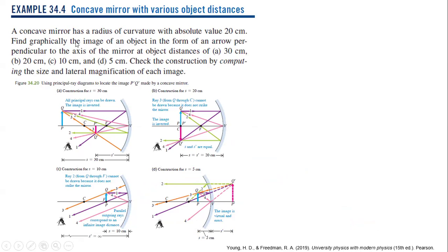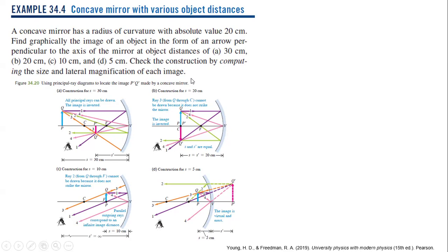Find graphically the image of an object in the form of an arrow perpendicular to the axis of the mirror at an object distance of, given, 30 centimeter, 20 centimeter, 10 centimeter, and 5 centimeter. So check the construction by computing the size and the lateral magnification of the image.